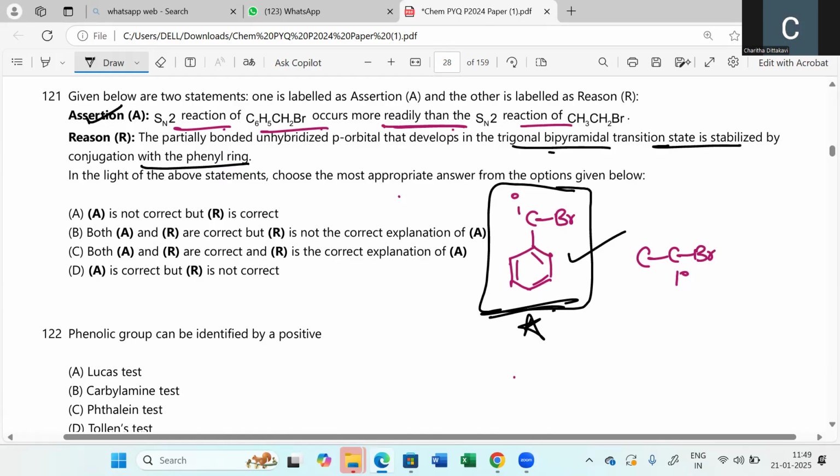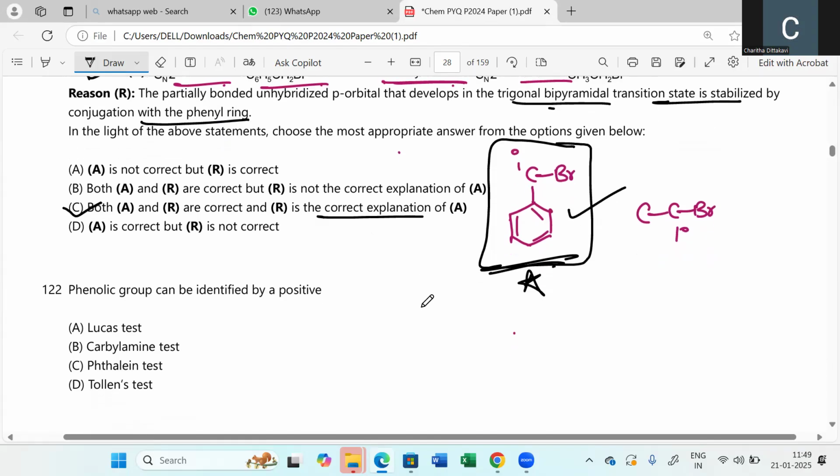Yes, it is conjugated, because as we have just now discussed, it is in conjugation with the p orbital. It has got pi bonds, it has got the conjugation, it is there. So both assertion and reason are correct, and the reason is the correct explanation of the assertion as well.